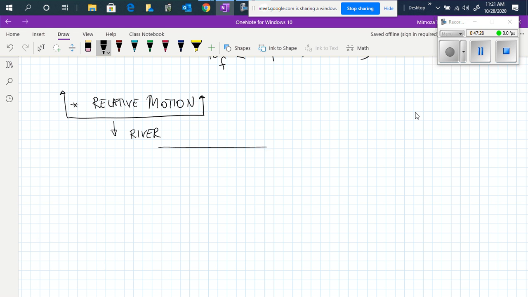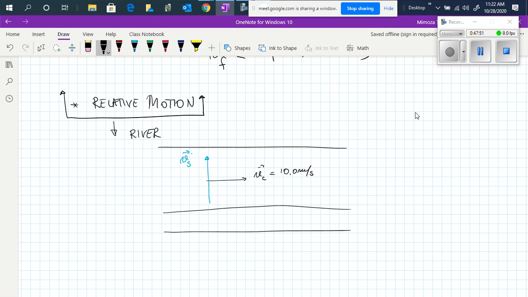So when you have a river that is flowing with a current of 10 meters per second going east, then you have an opportunity to go this way, straight as a swimmer, to go along the river, with the velocity of the current and the velocity of the swimmer, or to go against the river.